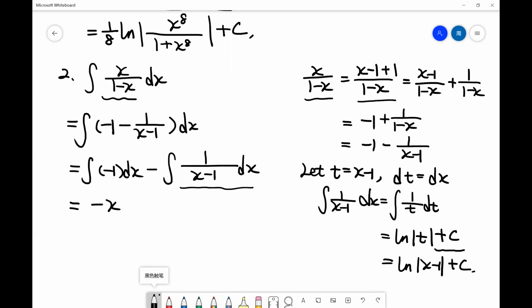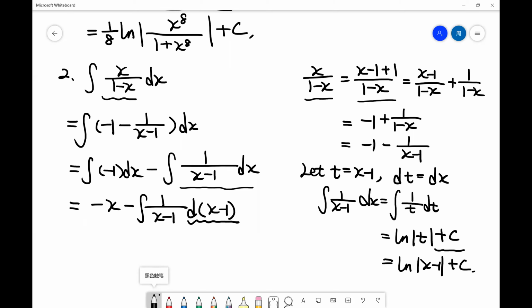This is the first way. And here is another way that you can solve it directly if you are very familiar with the formula, with the substitution rule here. You should know that equals 1 by x minus 1 d(x minus 1), right? Because d(x minus 1) equals dx.